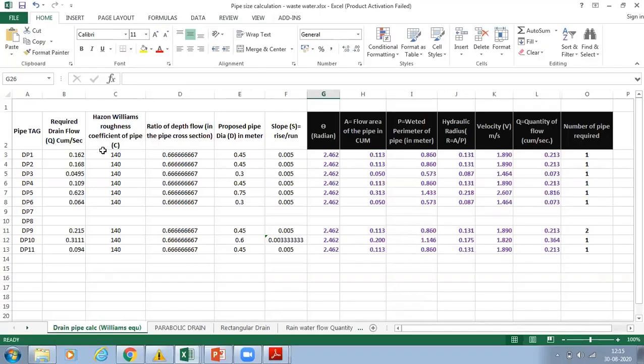This is the drainage pipe size calculation with the Williams formula. This is the pipe tag number. Each pipe I have put a tag.